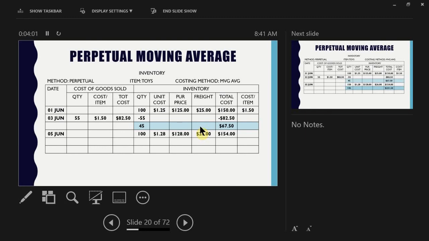No, you're not going to solve for the cost per item. Instead, you're going to add the totals together. So instead of doing our cost per item, we're going to add our total amounts together. In this case, we made a calculation here. We added 100 plus 45, so now we have 145. And then we added 67.50 to our 154, and now we have $221.50.